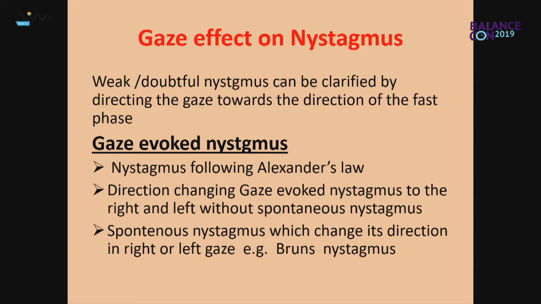So during the Dix-Hallpike, during head right, head left, you can see it. But it should be of the same direction in 5 positions, and it should not change its direction at all. So this is what we call spontaneous nystagmus. If it changes its direction in one position, it's not a spontaneous nystagmus.